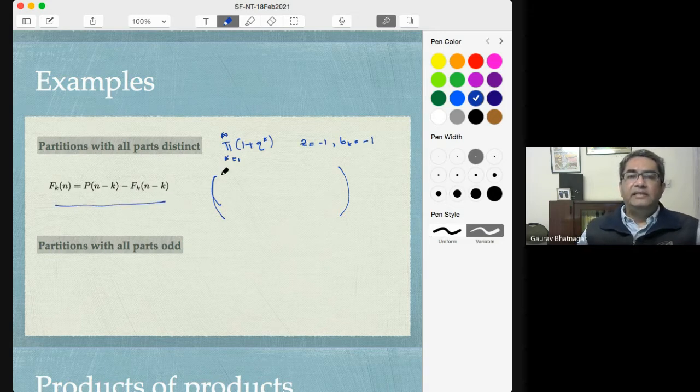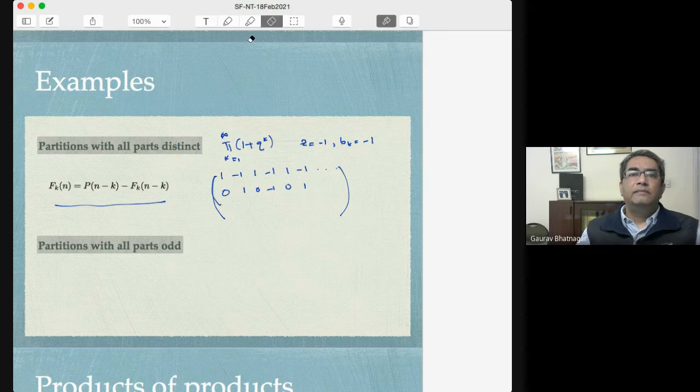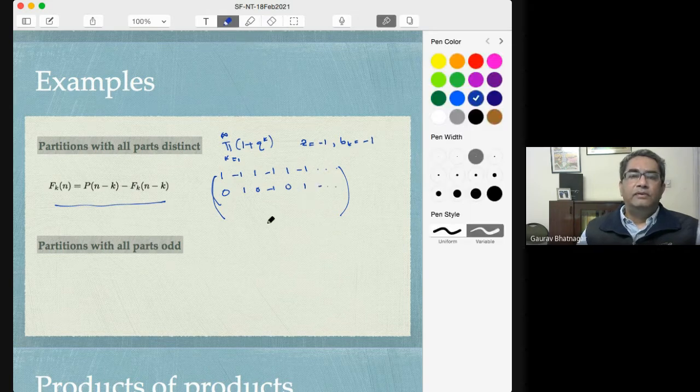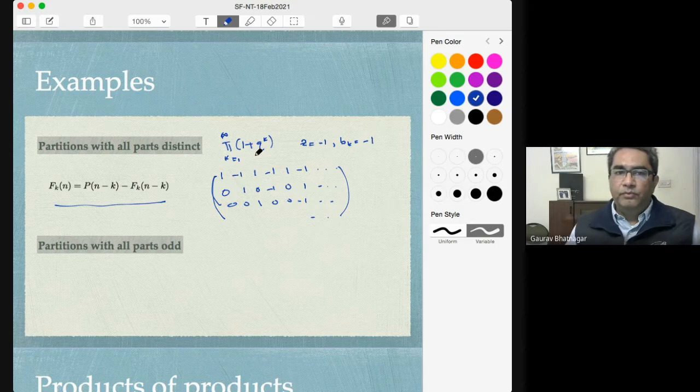The matrix is again very similar. It is the same matrix but with alternating signs. So this is 1, and 0, 0, 1, 0, 0, minus 1. One can enumerate distinct partitions exactly the same way.